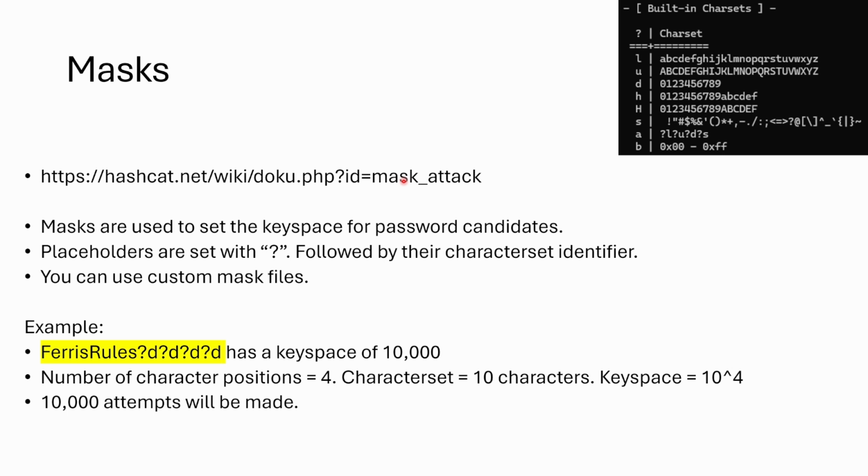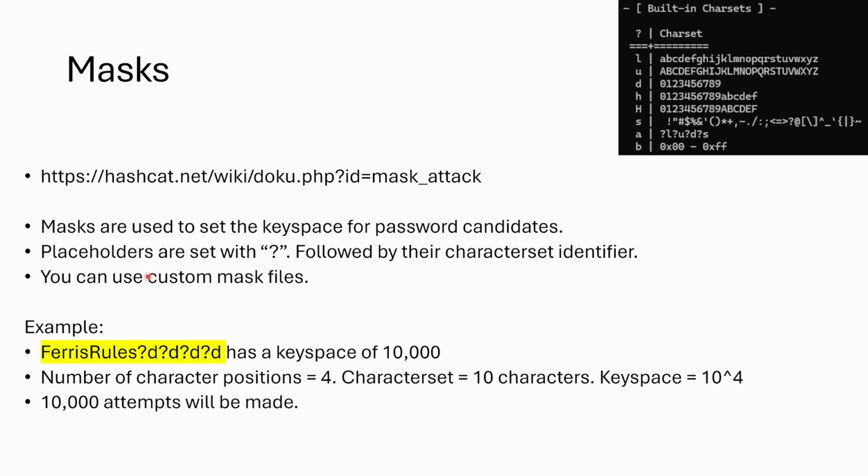The placeholders are set with question marks, as you've seen, followed by the character set identifiers. You can do multiple identifiers per placeholder. And you can use custom mask files. Not going to cover those, but you can look into those as well. If you're using complex masks for a very specific thing, you might want to save those in a file and just reference the file if that's easier for you.